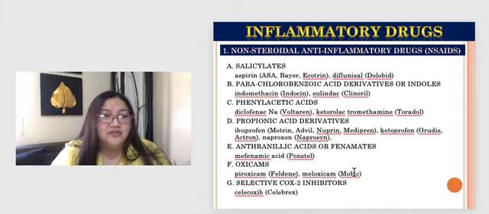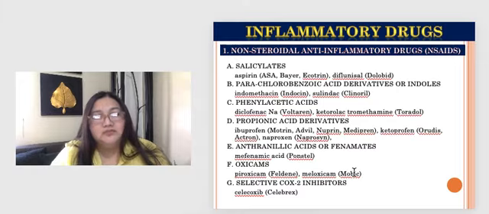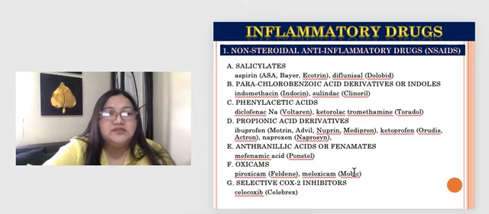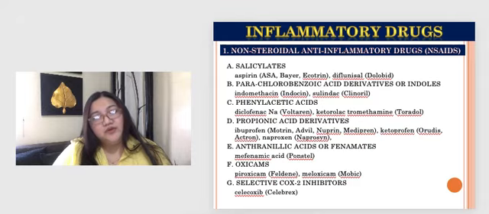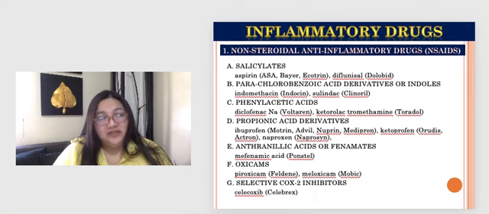Mefenamic acid. It's for mild to moderate pain lang. Okay? Yung inflammation, pwede rin siya. Oxicams, piroxicam, and meloxicam are also good for pain sensation. At medyo mataas din yung potency level niya.